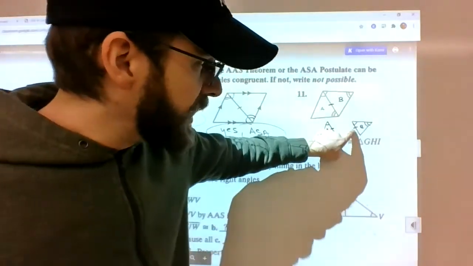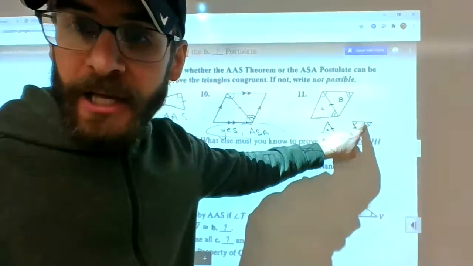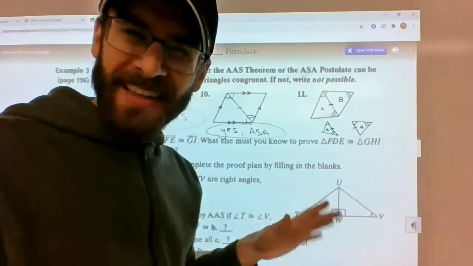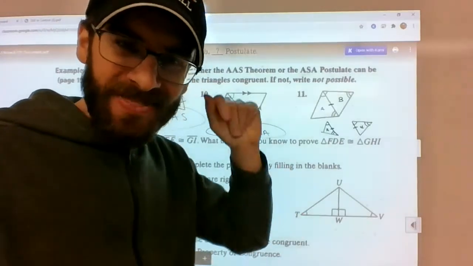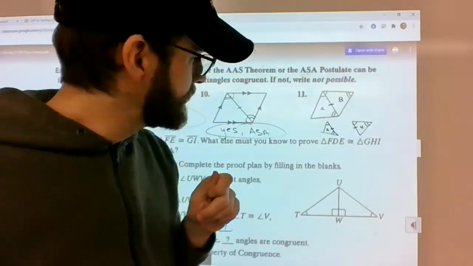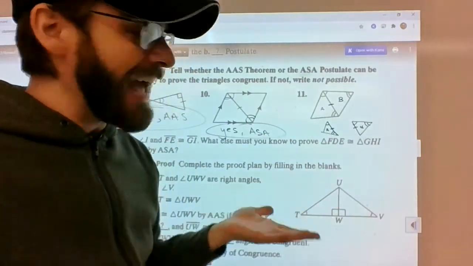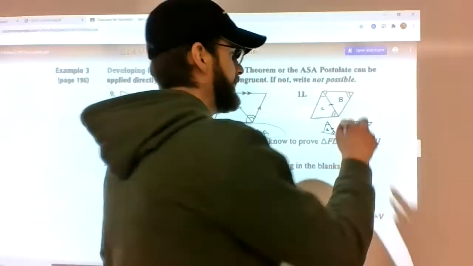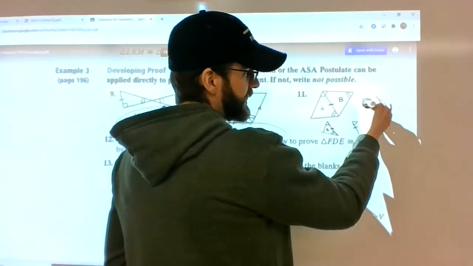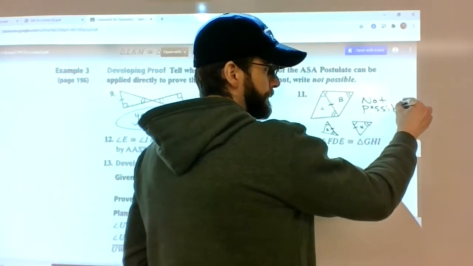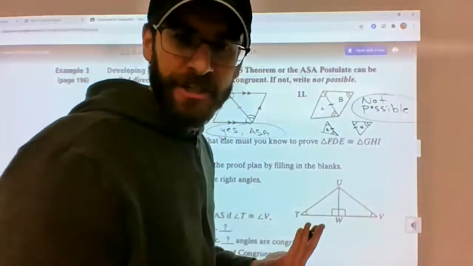So this would have to be over here in order for angle side angle to be proven for both of them. So this is kind of a tricky example. They threw a curveball at you. You can't prove them congruent because the AAS situation there is not matching up with the ASA. It's not possible. We're mixing theorems together. Kind of tricky.